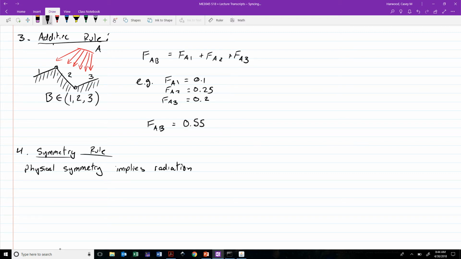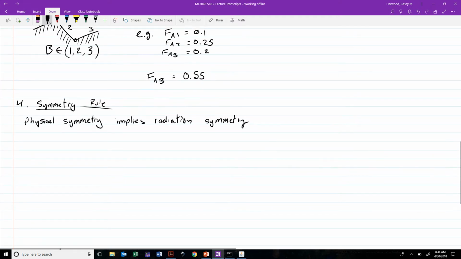What I mean by that is, let's say you have an enclosure like this.